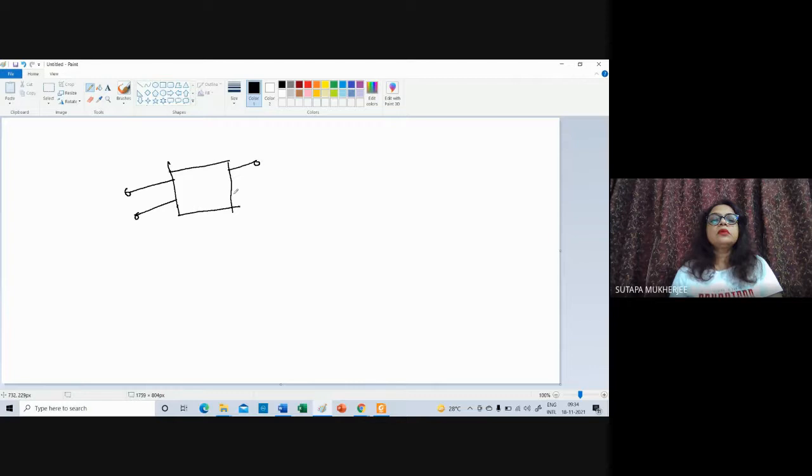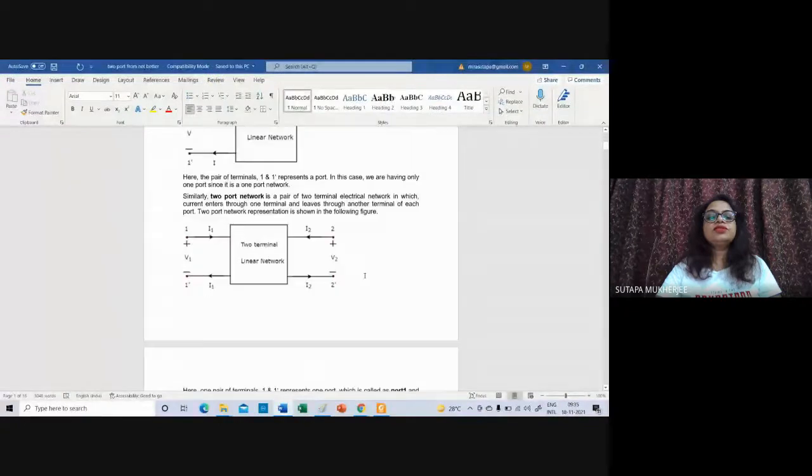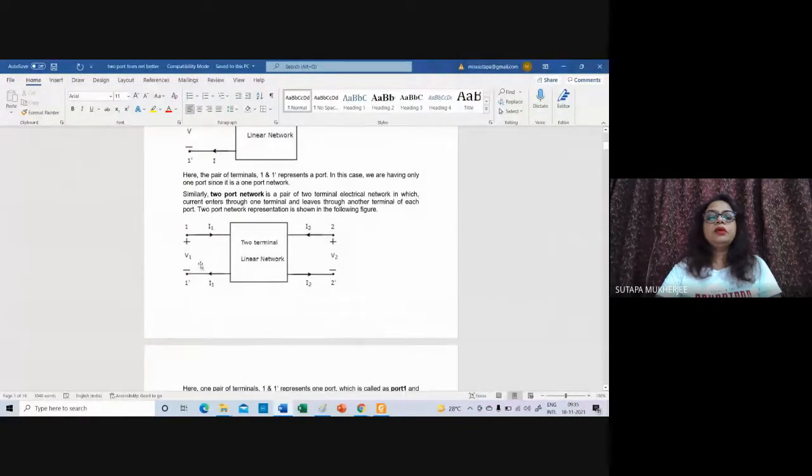Is it two-port? Yes, sir. Just look here. This is two terminals: I1, I2, V1, V2.